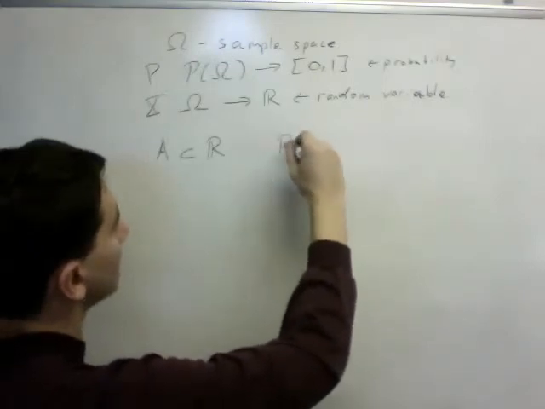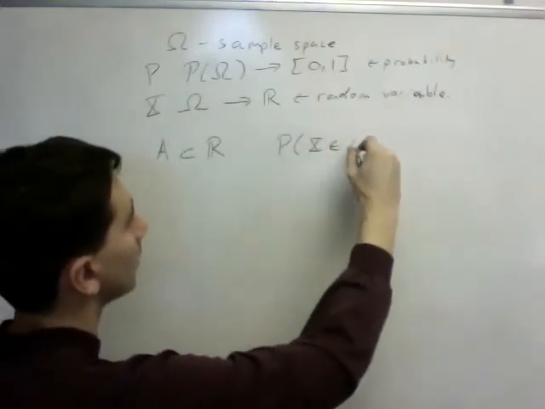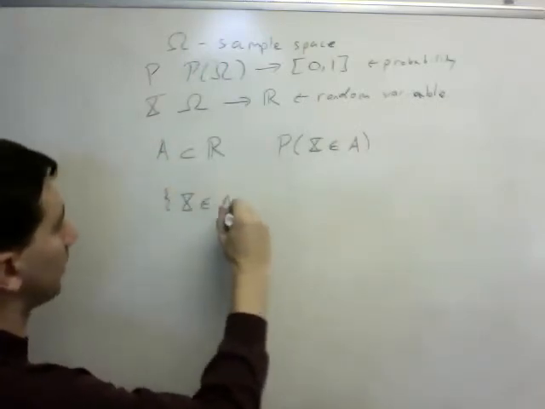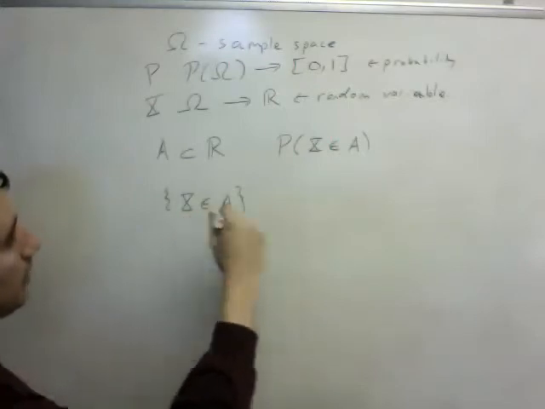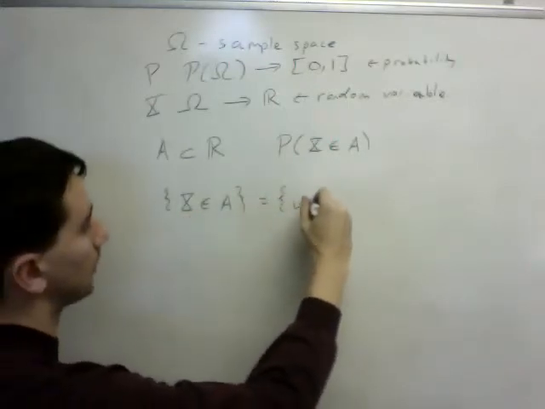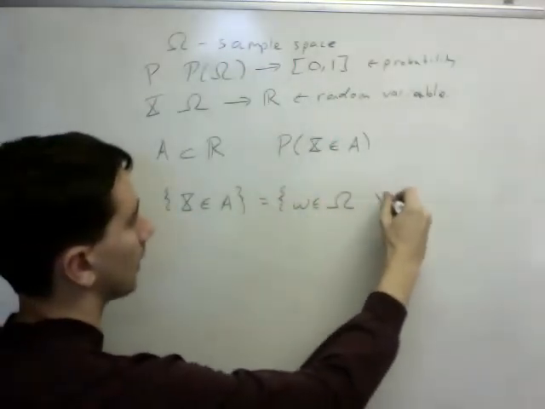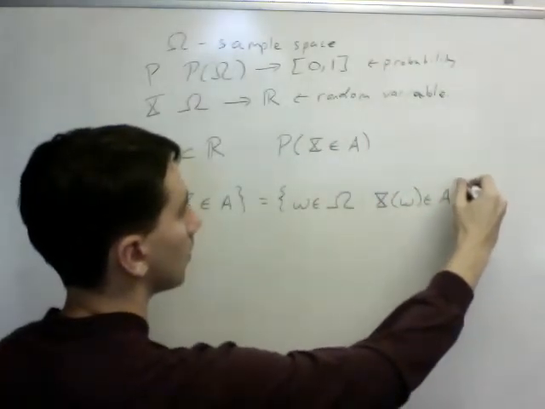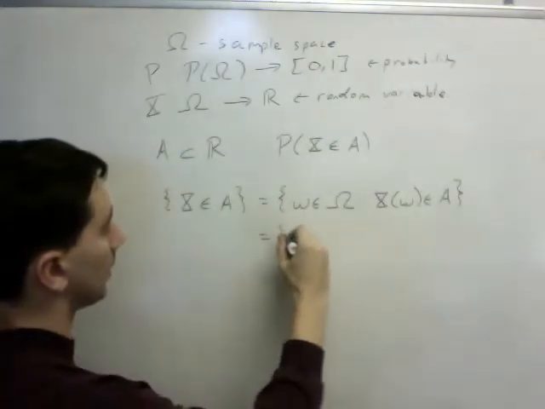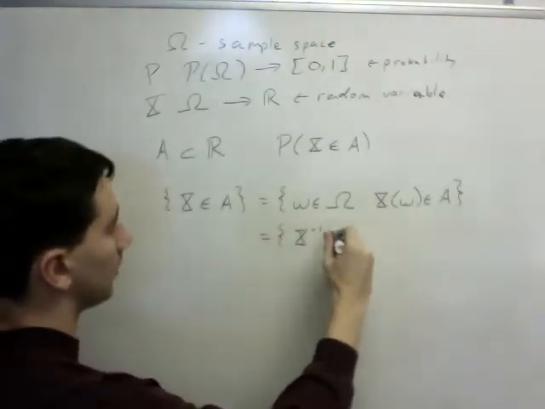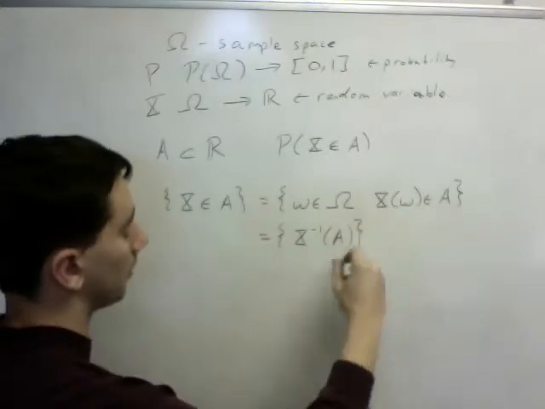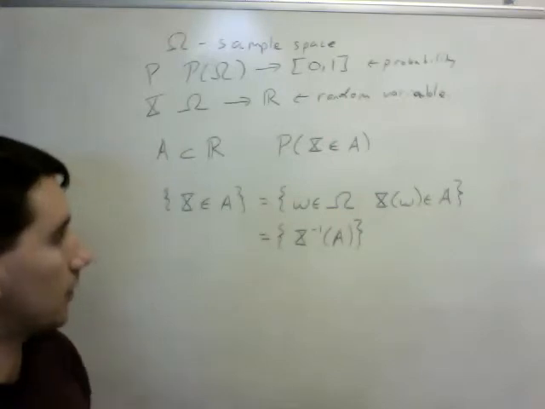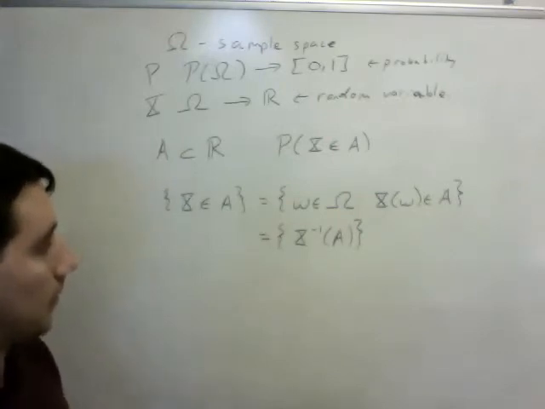We said that the probability that X is in A, so we let the set of X belonging to A, now this is a function, but this just means the set of points in omega such that X of omega is in A. Or another way to write this is the preimage of A. So everything in omega that gets mapped into A. We talked about this in discrete math and used this notation a little bit, but you might not remember it.